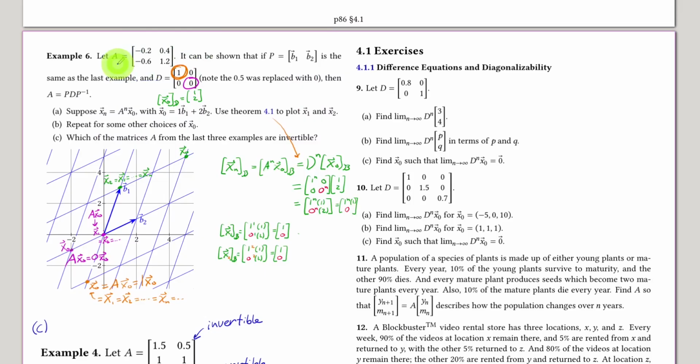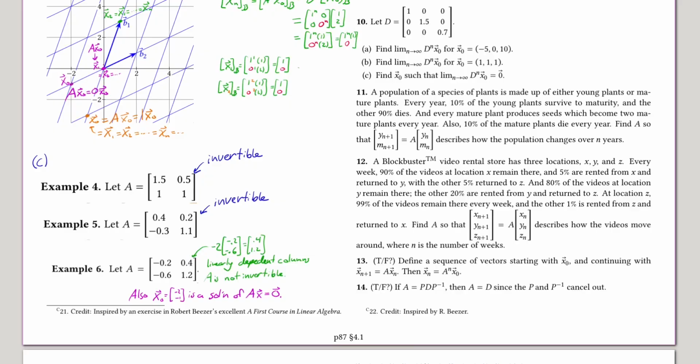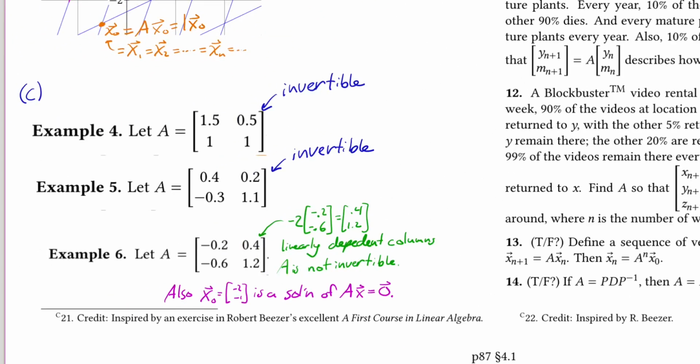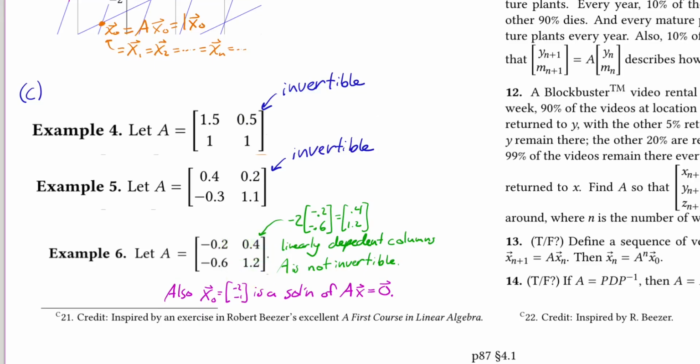One of the questions was, are these matrices from these examples invertible? And we showed that the A matrix from example 6 was not invertible because the second column is -2 times the first column. So the columns are linearly dependent.